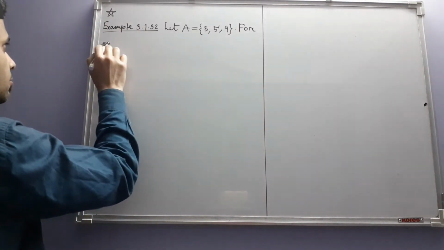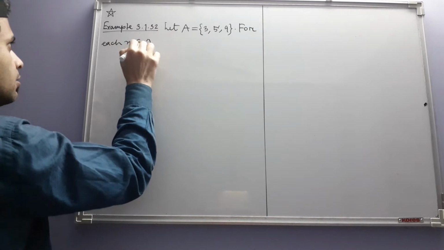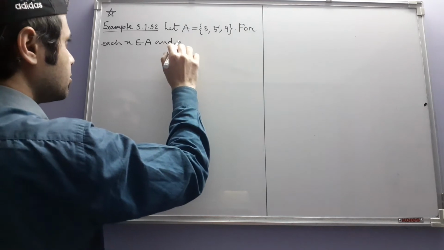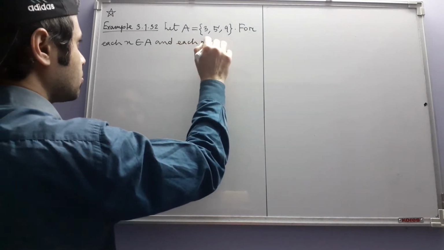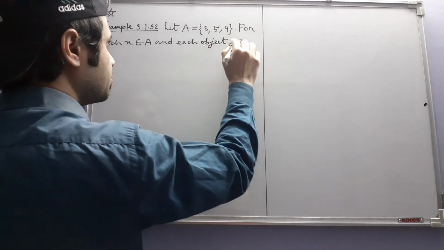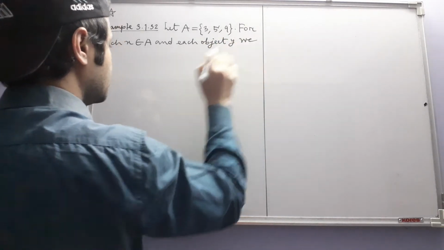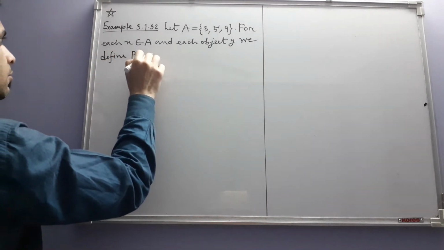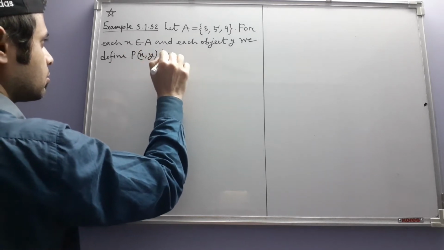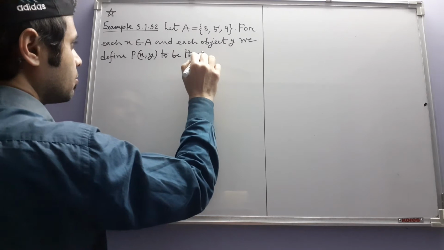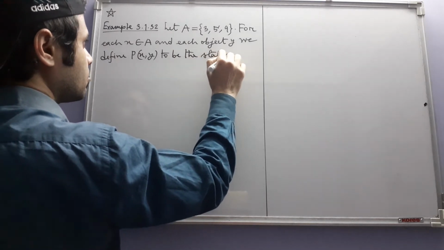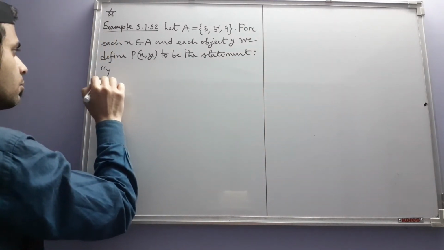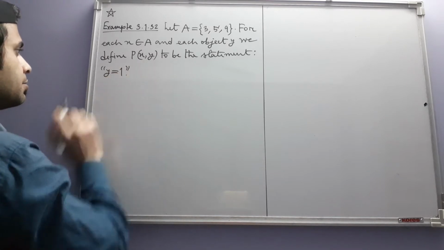For each x in A, and for each element x in A and each object y, we define p of x comma y to be the statement y is equal to 1.